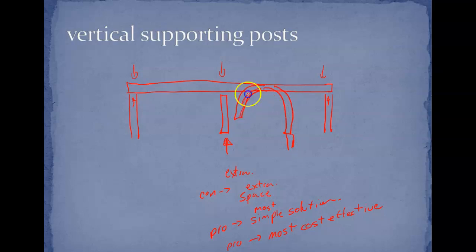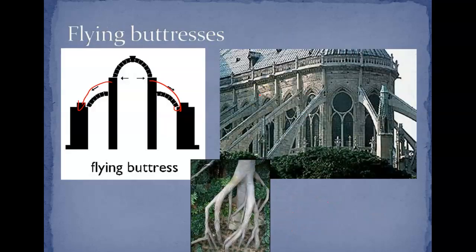Now, we don't use this very often. We've got other more compact ways to do it, but if you weren't worried about keeping the space inside, not worried about the space on the outside underneath here, a flying buttress may have been the solution.